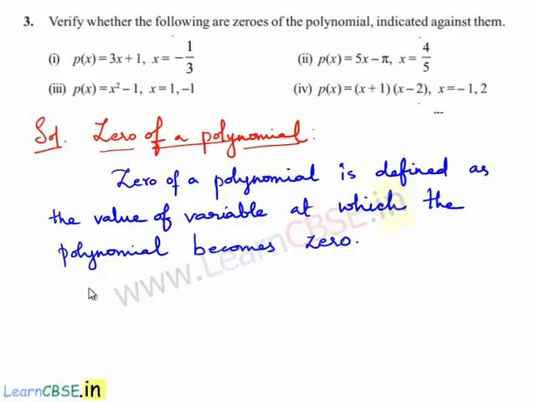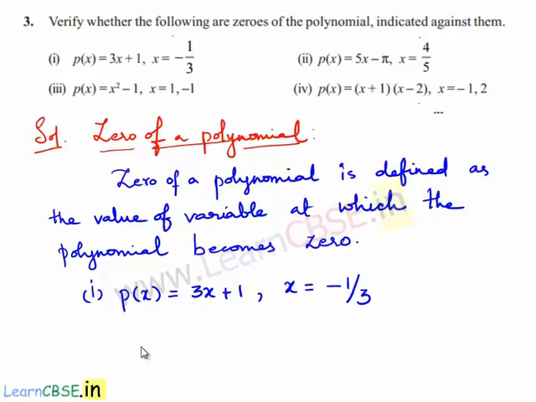So let us take the first bit, which is p of x is equal to 3x plus 1, provided x is equal to minus 1 by 3. The given polynomial is in the form of 3x plus 1 and the variable here is x.